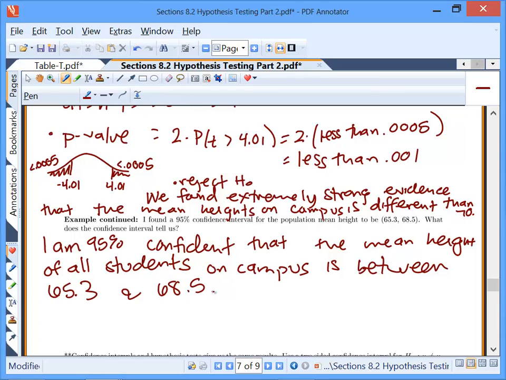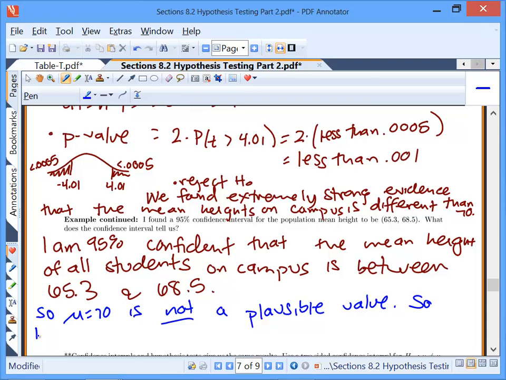Based on that confidence interval alone, how would you have felt about my null hypothesis that my population mean is 70? That is probably wrong. So, mu equals 70 is not a plausible value at my 95% confidence level, because 70 is not in that confidence interval.